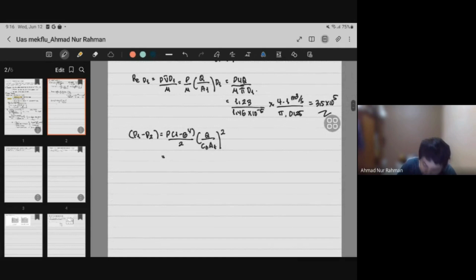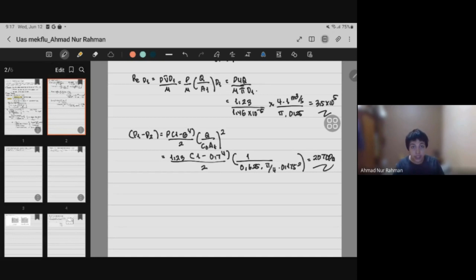Rho is 1.23, 1 minus beta is 0.7, 0.7 over 2 times 1, Cd is 0.625 times pi over 4 and 0.175 squared. So the result we get is 2070 Pa.